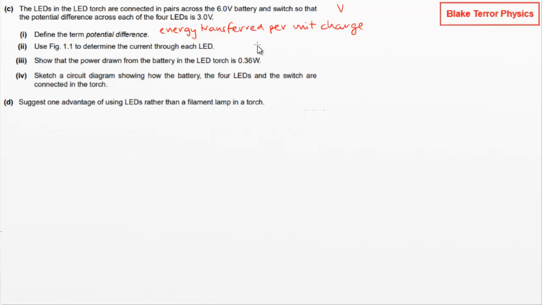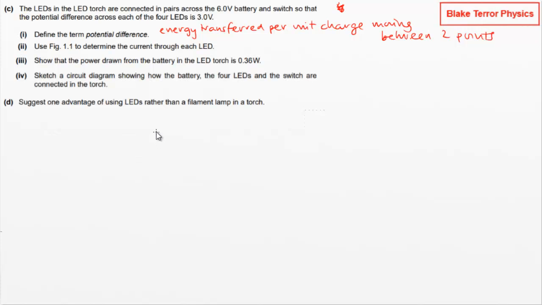A volt is a joule per coulomb. But what exactly are we talking about there? We're talking about energy transferred. So that's the joules per unit charge. That's the coulomb. So it just sort of glossed it up a bit. Energy transferred per unit charge moving between 2 points.